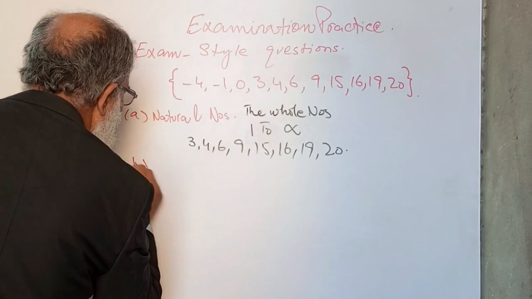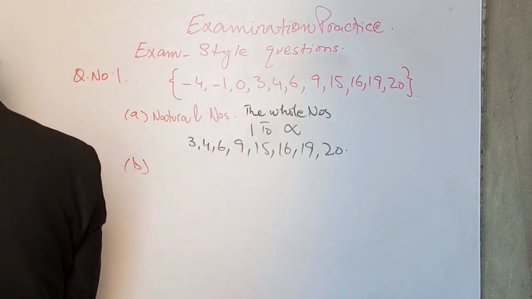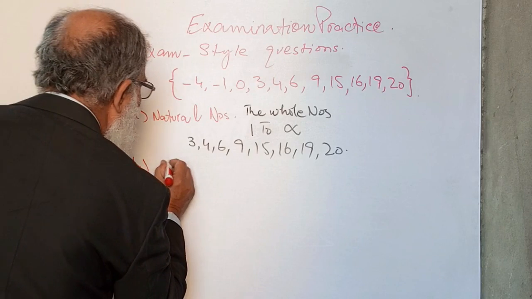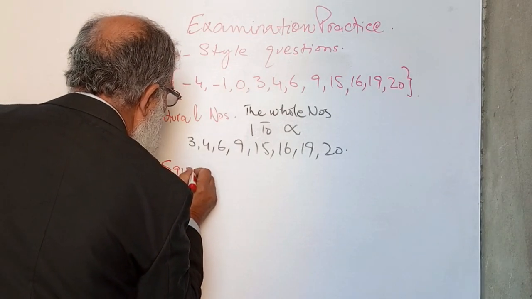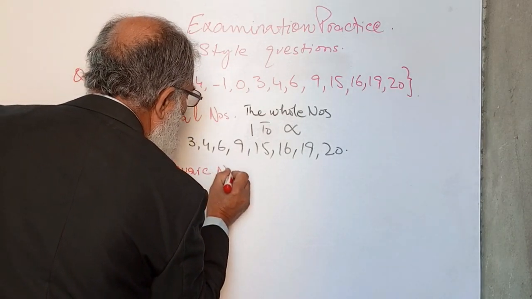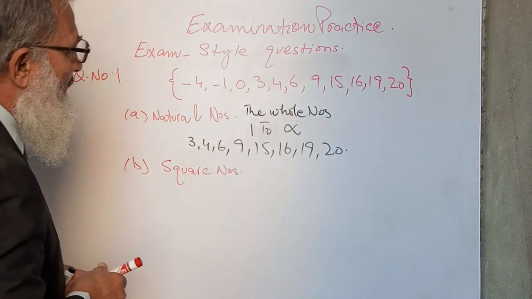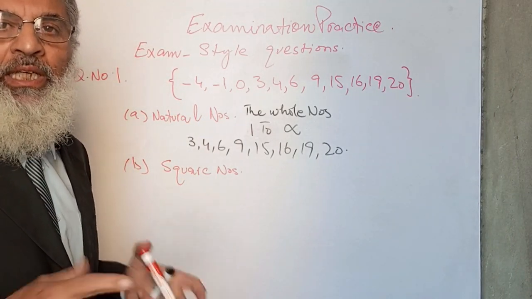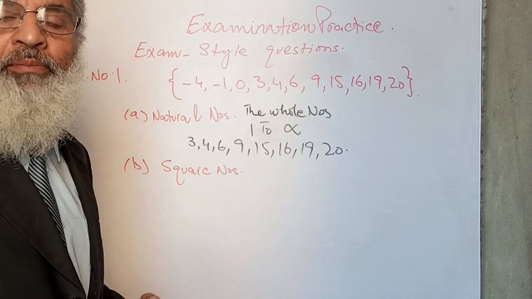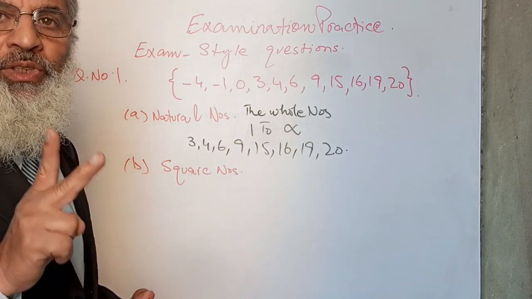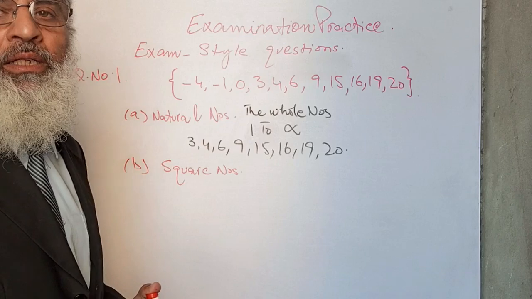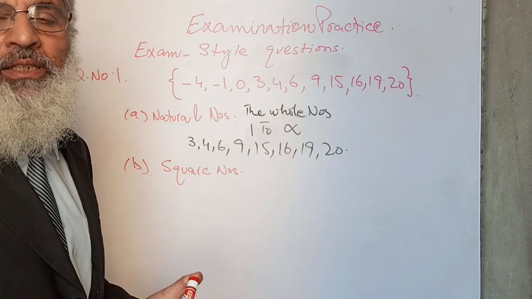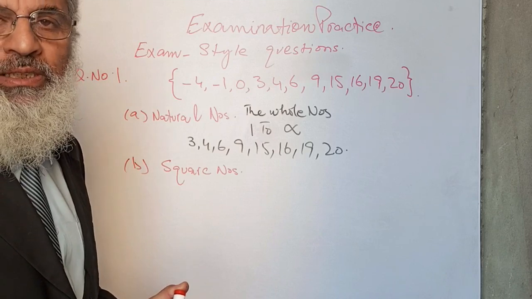Part B, we have to find square numbers. Square numbers are those numbers which came into existence by multiplying two same numbers, like 2 multiplied by 2 is 4, 3 multiplied by 3 is 9, 4 multiplied by 4 is 16.